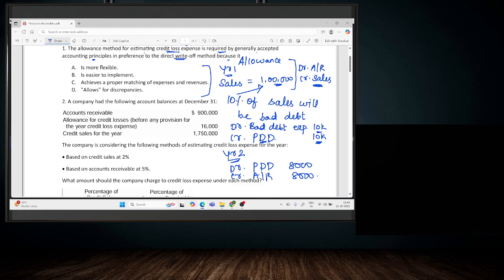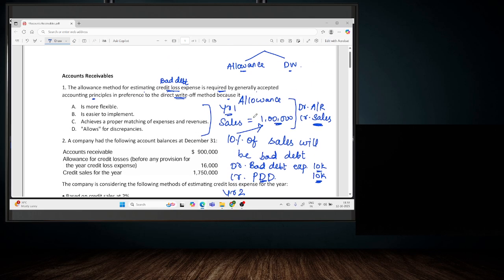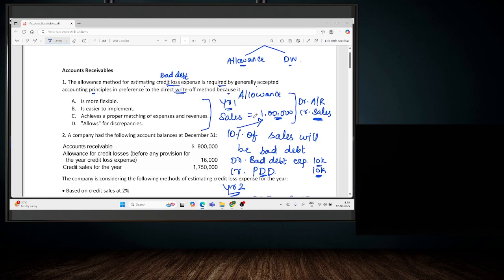So in the case of the allowance method, why is it required by generally accepted accounting principles? Because it matches your revenue with your expenses. If you record revenue in the first year, then in the first year itself you record the expense as well.